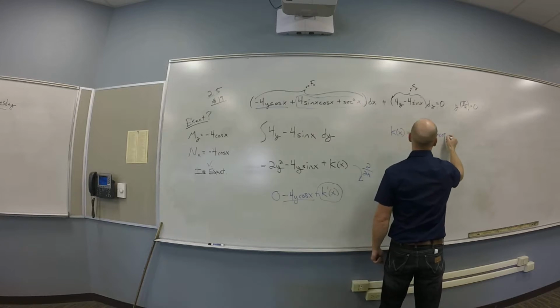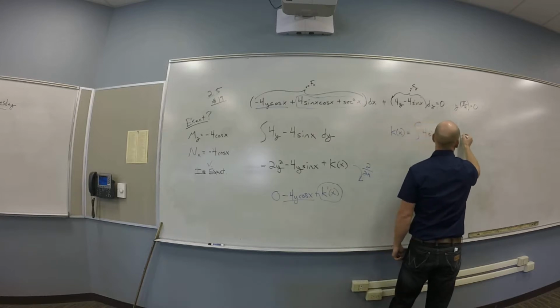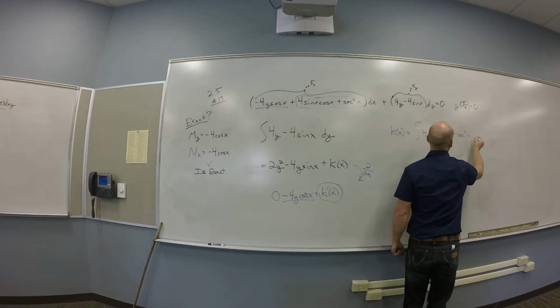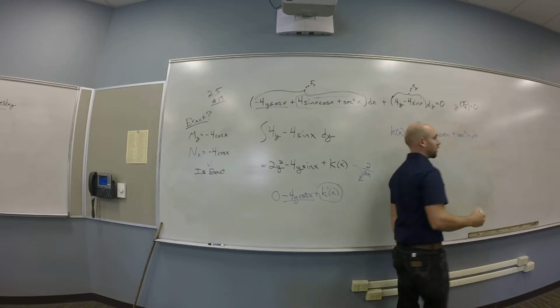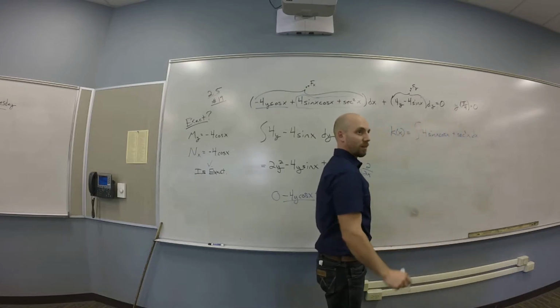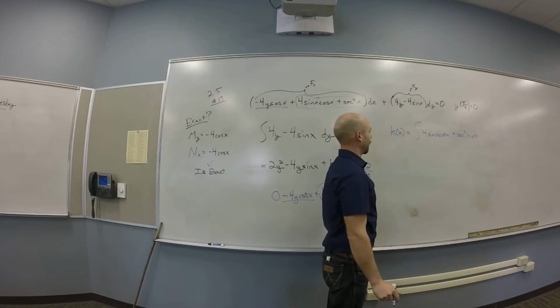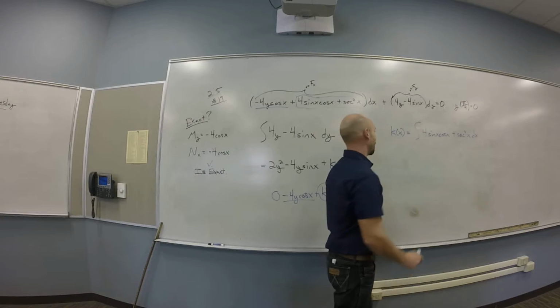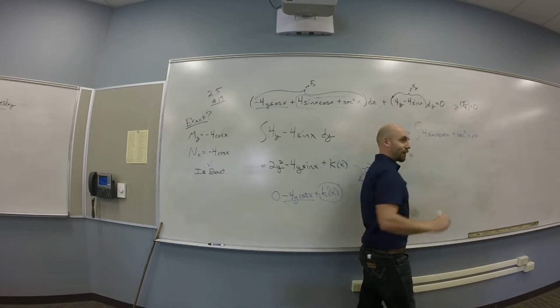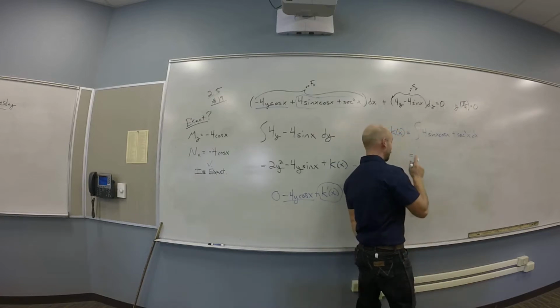4 sine x cosine x plus secant squared dx. I think this is where you're supposed to remember the sine of the double angle formula from trig. That's way harder. No, I don't remember any of that. Do easier things.